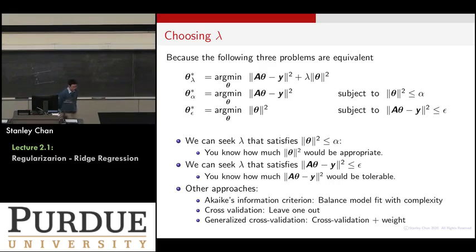The question is, is this a bias versus variance trade-off? If you refer to here, it is. Okay? What do I mean by bias? Bias is how close your theta hat is compared to your theta star. Okay? And then what is the variance? Variance is the trace of the covariance matrix.